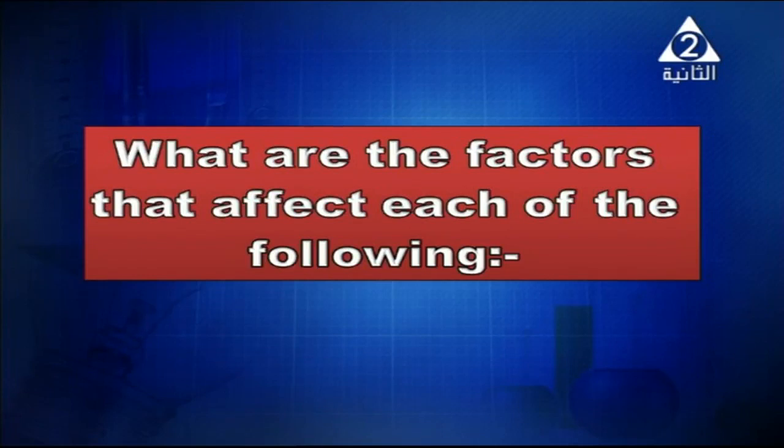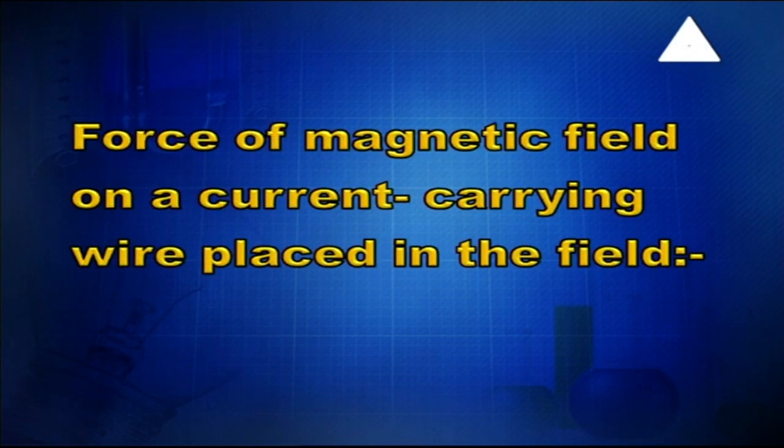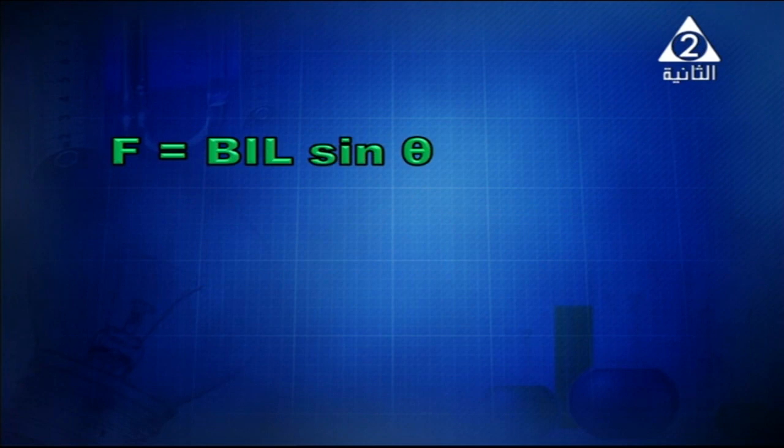What are the factors that affect each of the following? First, the force of a magnetic field on a current carrying wire placed in the field. The factors affecting the size of the force. A formula is required here.